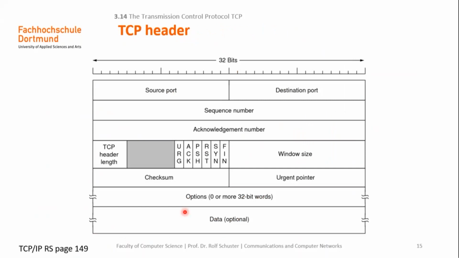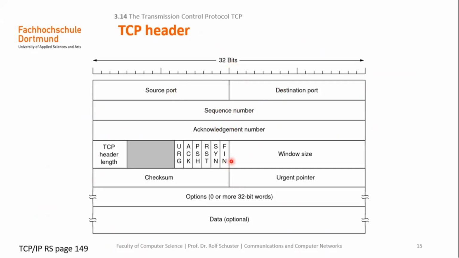This is the header of the TCP segment. There are some fields that we already know from UDP, that is the source and the destination port. Remember, the source and destination ports are 16 bits long. There are other numbers here, for instance, the sequence number, SN, of 32 bits, the acknowledgement number of another 32 bits.